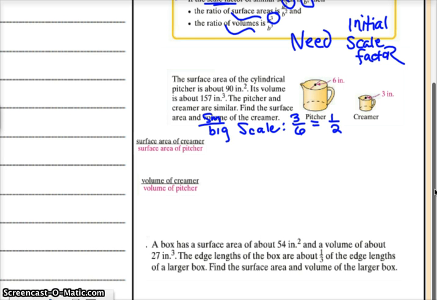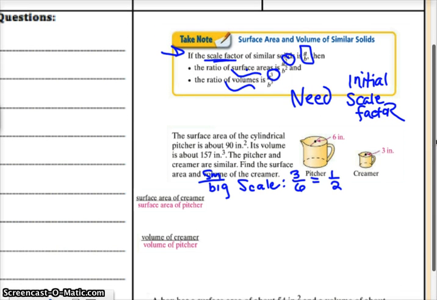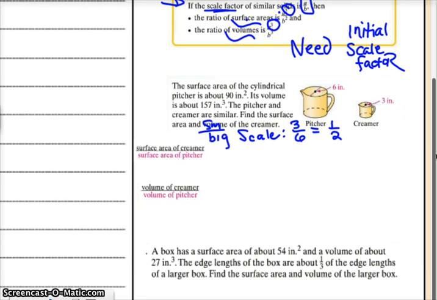Now in order to apply it with surface area, I need to know what the proportion is. The ratio of surface area is A squared is to B squared. So I say that my surface area scale is 1 squared is to 2 squared, or 1/4. So I always start with my initial, go figure out my surface area scale.